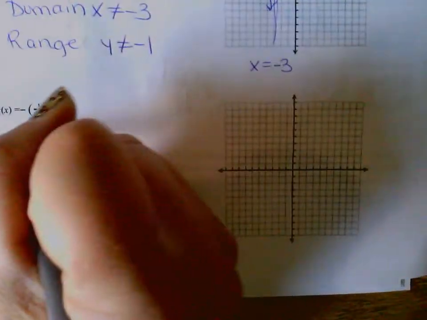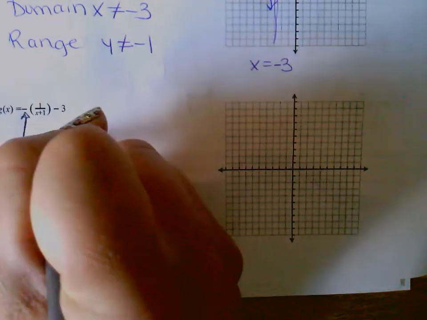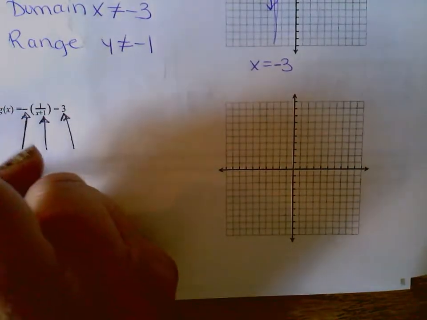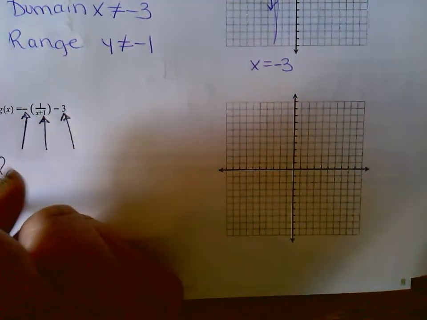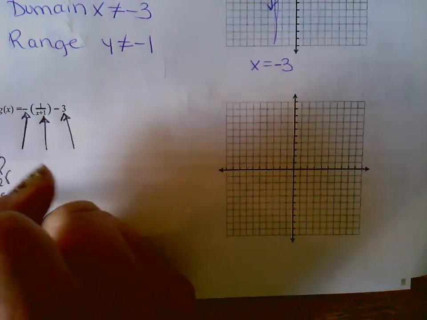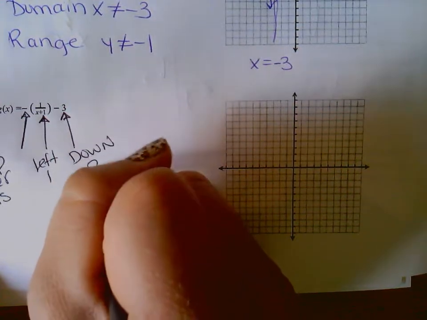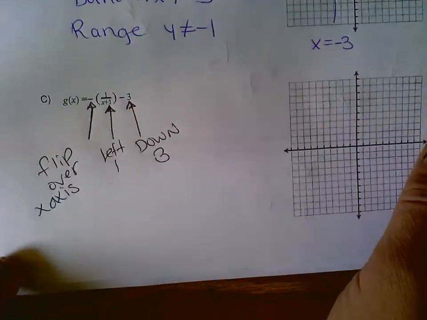Let's see. This negative sign, this +1, and this -3. So this is a flip over the x-axis, upside down. This is left 1, and this is down 3. Right? So you've got those 3 things to do.